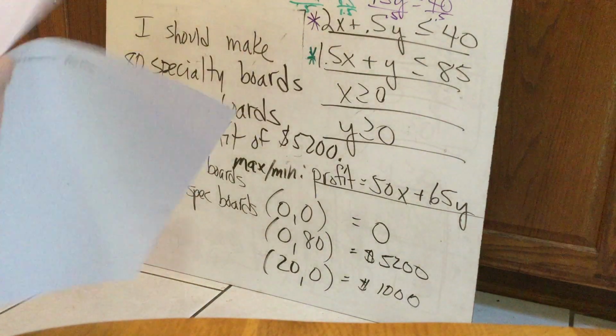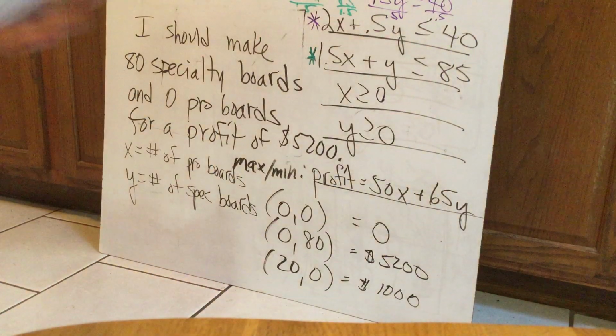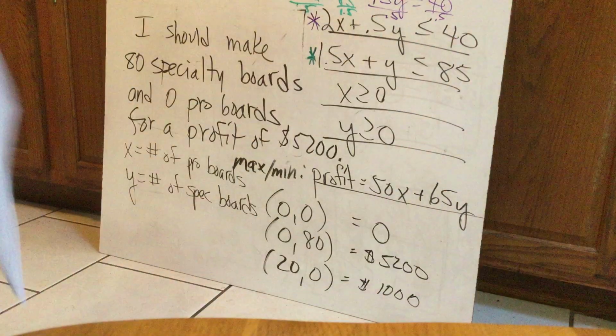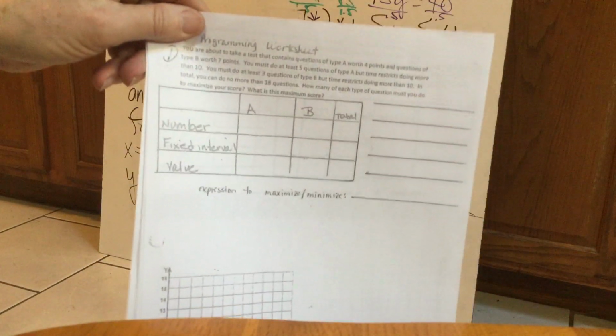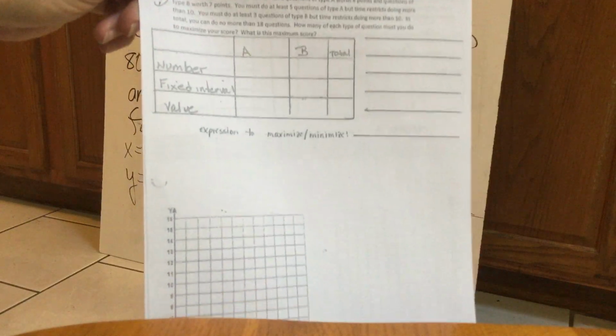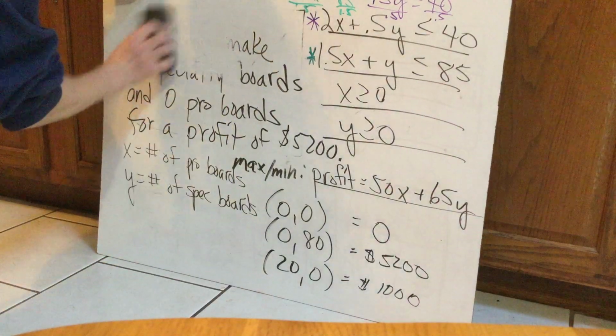Mine is stapled to something, so the first page looks like this. So if you got a stapled packet, that's probably where yours is too. But if you never got a packet, which some of you didn't, then find the sheet called Linear Programming Worksheet. All right, now while you're looking, just pause the video.